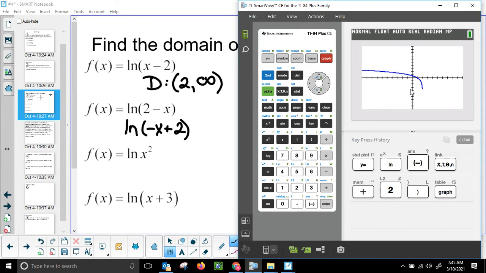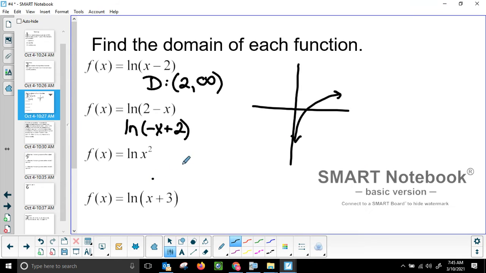Obviously it's been reflected about the y-axis, then shifted to the right 2. I know that you would think that normally this is to the left 2, but because of this negative out here, it actually messes things up a little bit. So it's always good to be careful there. When in doubt, just plug a couple of x values in to get some points, and that should definitively tell you which way we're going.